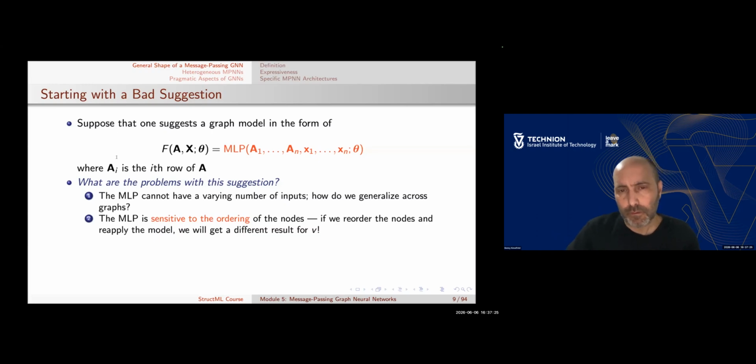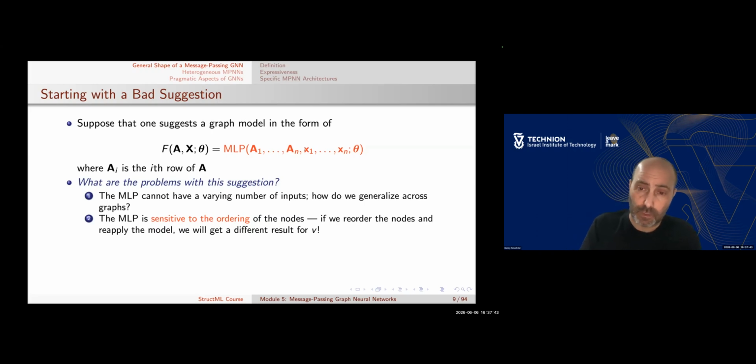Another thing: if you define the MLP in this way, it is sensitive to the ordering of the nodes. It matters whether you call a node x1 and not x3.